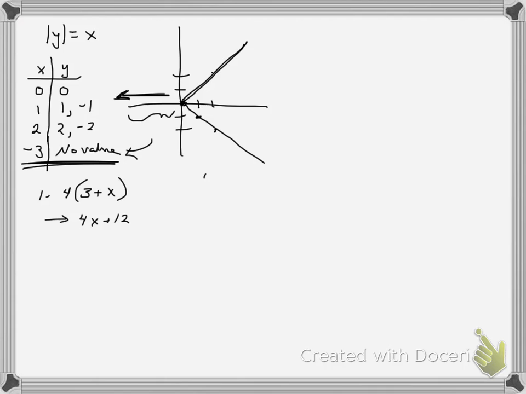Well, notice I first do the distribution, and I'm going to get 12 plus 4x, but then I've changed the order to get from there to there, so I first have distribution, and then I have the commutative property. Two properties are being shown in that one.